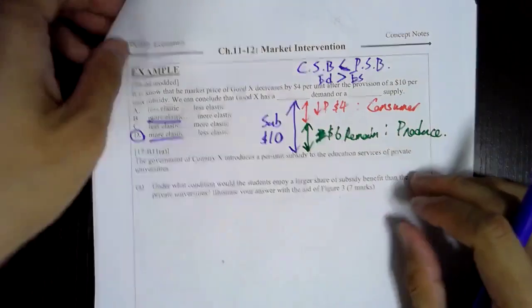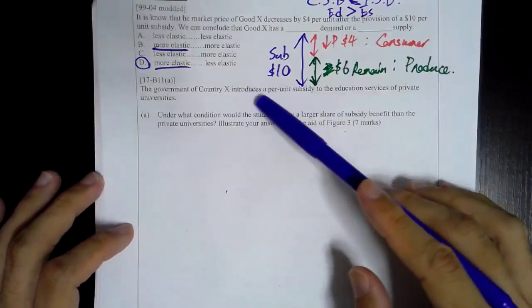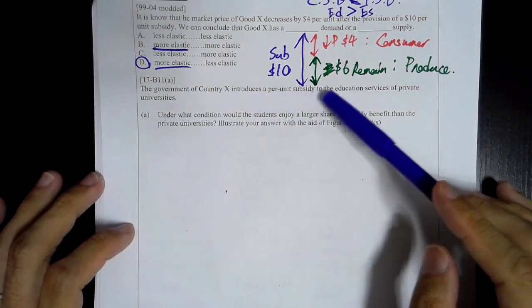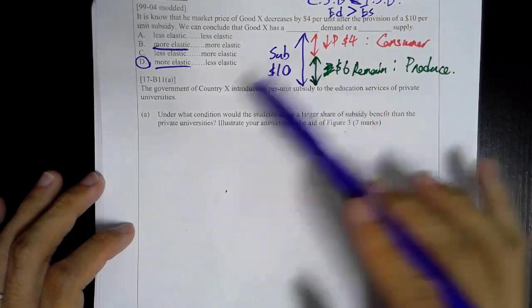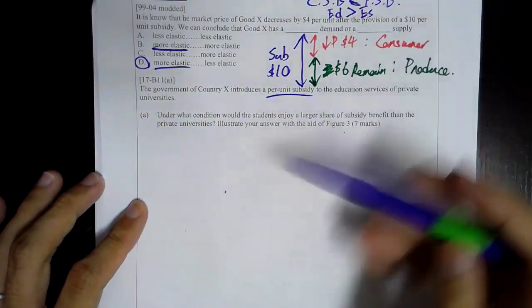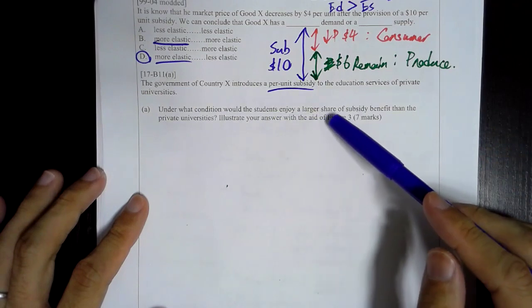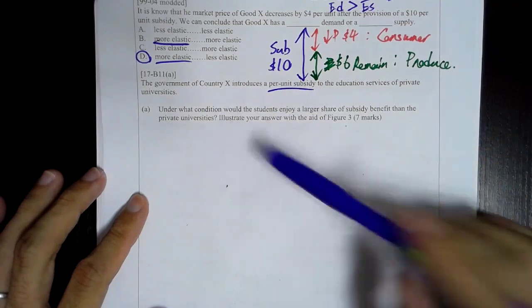Then here, 2017, the government introduced a per unit subsidy to the education system of private university. Like per unit subsidy, right? Now it says, under what condition would the students enjoy a larger share than private university?